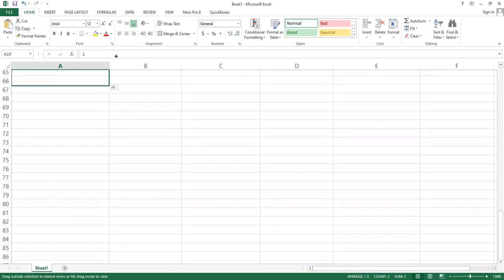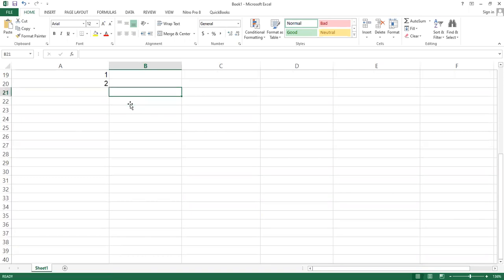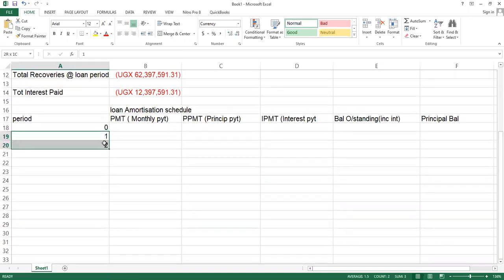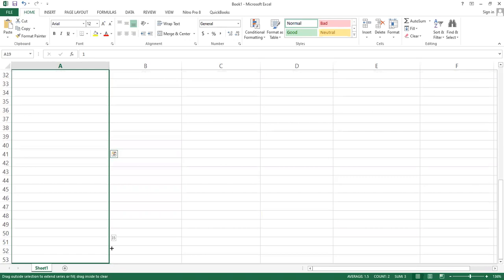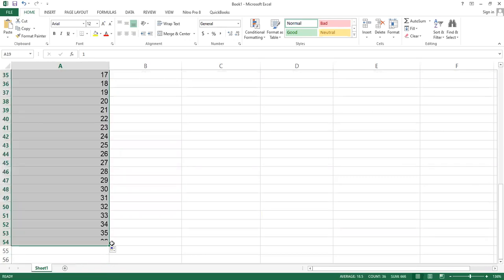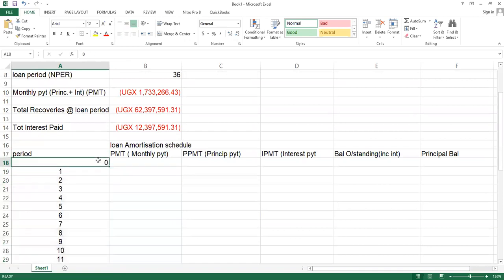So for you to drag, you need to first select the first 2. In other words, come here, select these 2, then you drag up to 36 so that you show the pattern. Okay, that is up to period 36.